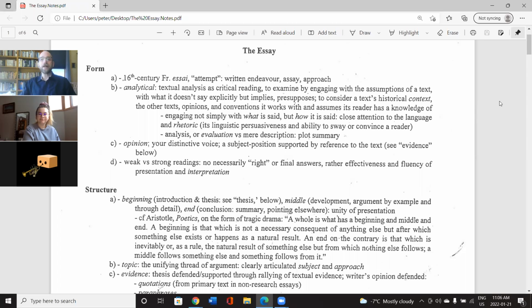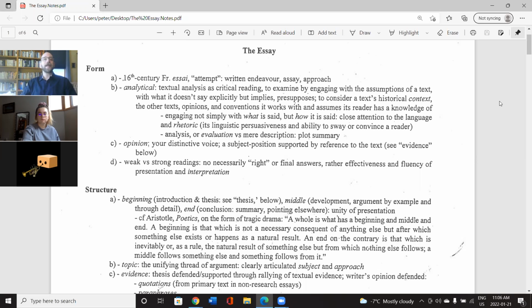But just a general reminder of what the essay is in terms of form and structure. Essay, of course, is a word borrowed from the French that simply means to try or to attempt, to essay, a written endeavor, an assay, or an approach.